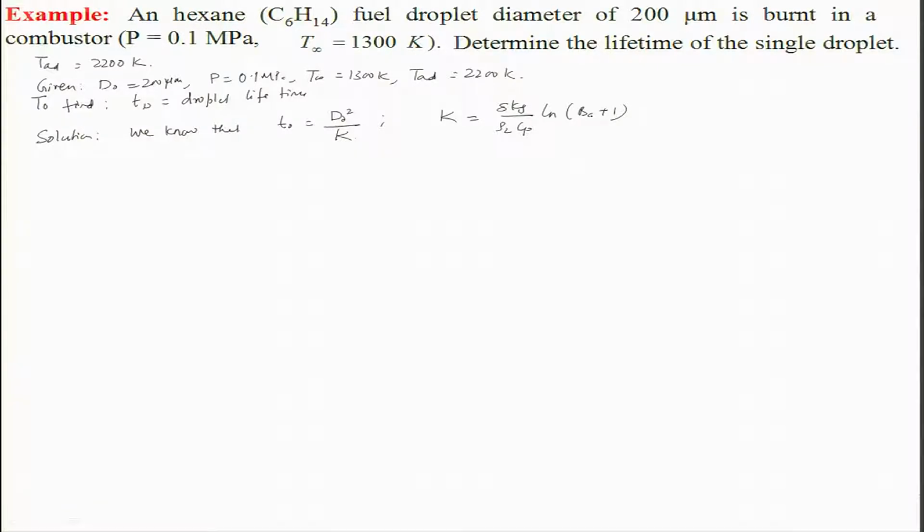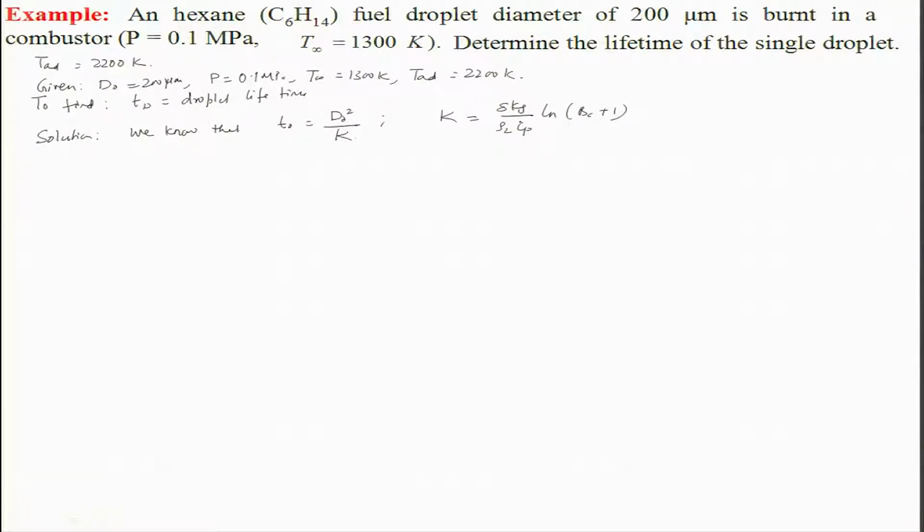Now, the question arises: how will we evaluate the properties Kg and Cp? As I told you, Bc you can evaluate using this formula. But these properties have to be evaluated properly, because they affect the burning constant. Rho L will not matter anyway, because the density of the liquid fuel is almost constant.